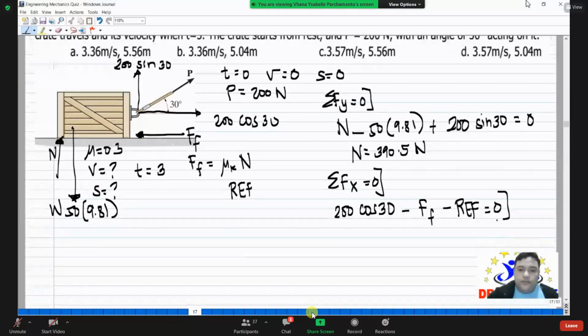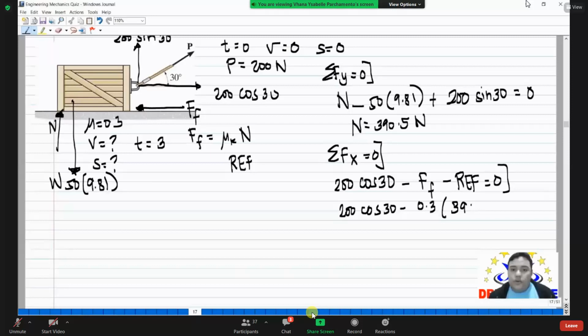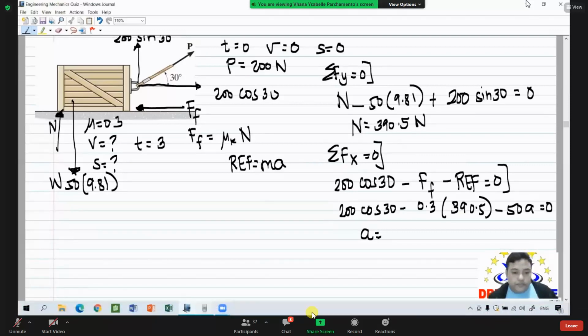So 200 cosine 30 minus FF, which is 0.3 multiplied by 390.5, that is the normal force, minus REF. What is REF? Mass times the acceleration of the crate. So, the mass of the crate is 50 times the acceleration, is equal to 0. So, we can get the acceleration here by shift solve.